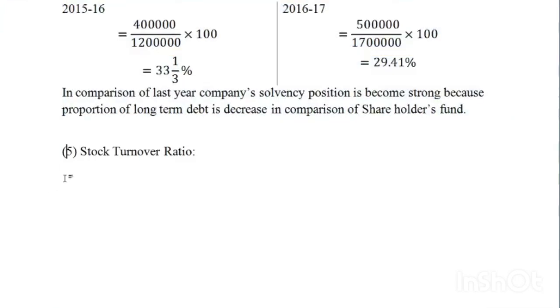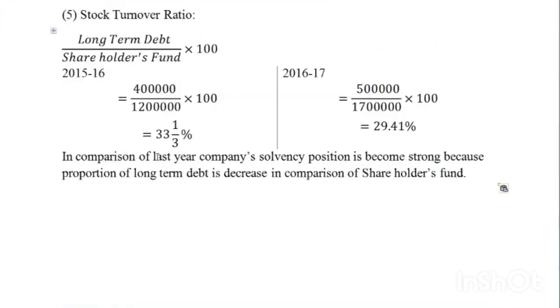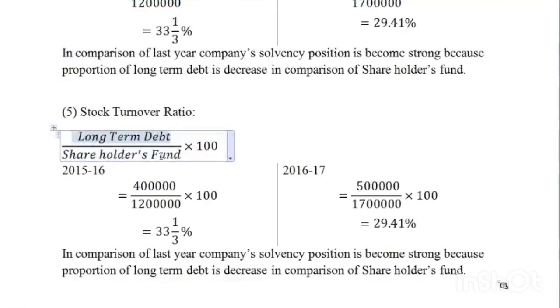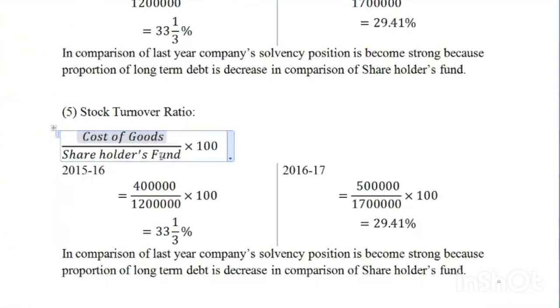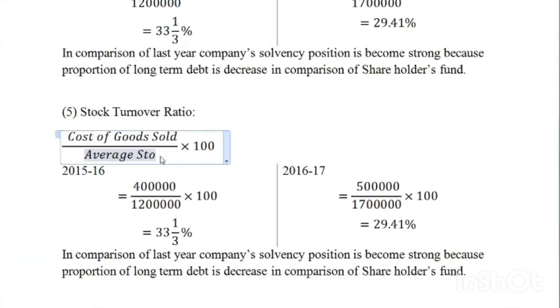So what is the formula for stock turnover ratio? Formula is COGS, cost of goods sold, divided by average stock, and not multiplied by 100.